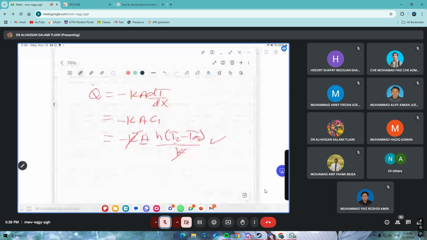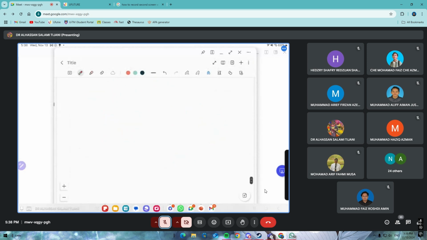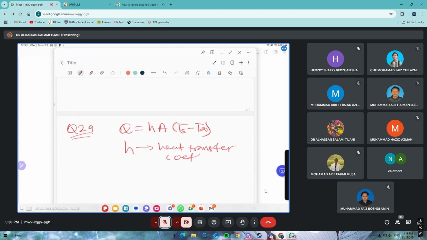So I've told you last time that, so now we are solving question 2A, that heat transfer due to convection is given by hA times Ts minus T infinity, where h equals the overall heat transfer coefficient.